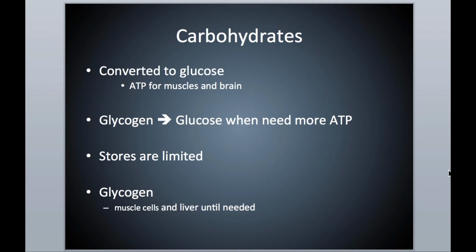And normally that's enough to get us through the day if we don't have any food coming in. If we're starving ourselves or something's happening where we can't eat or we don't have any food, whatever the case may be. But the stores are limited. If you run a marathon and you don't bring anything into your body, eventually you're going to run out of the stored glycogen and you're going to have to start relying on fats predominantly.